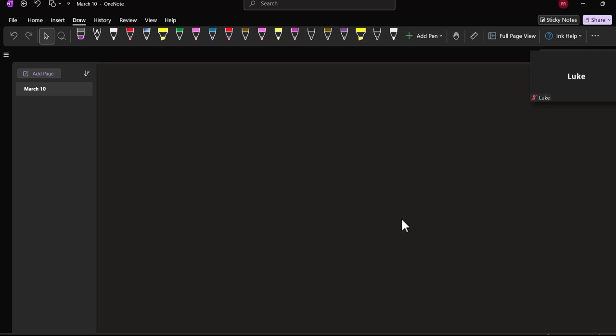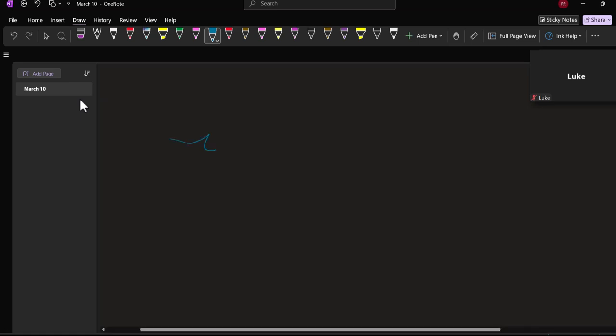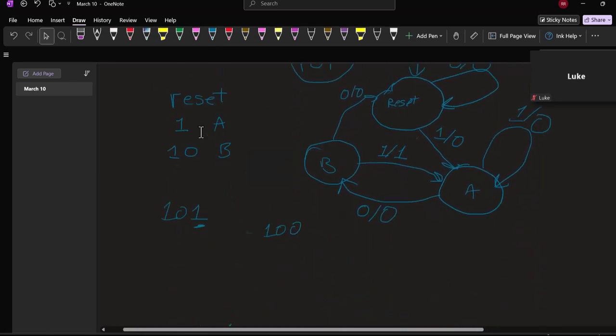I mean, it's not difficult. I think I would send it. Did we do a table? We didn't do a table, did we? We just did a diagram. Okay.